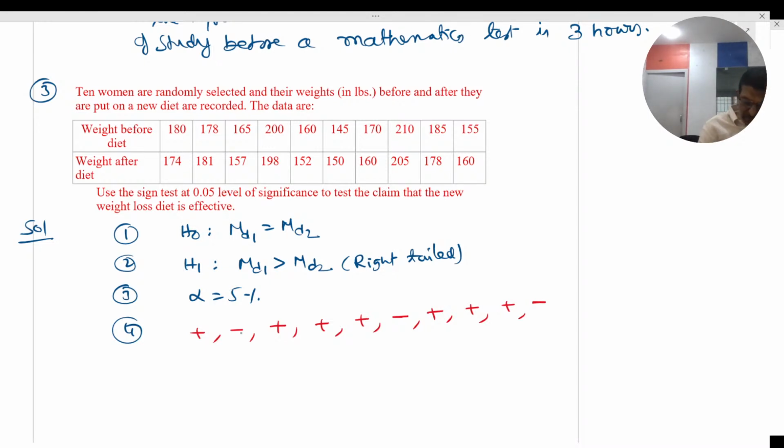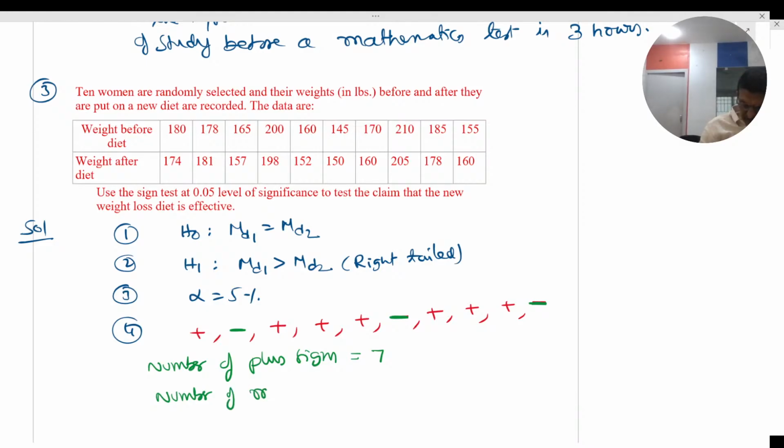Now here I changed this to green for better understanding. How many positives and how many negatives here? Number of plus signs is equal to 7.